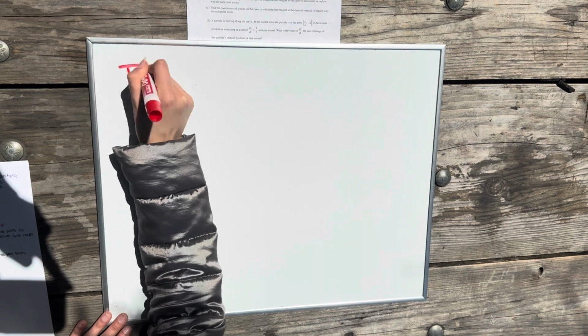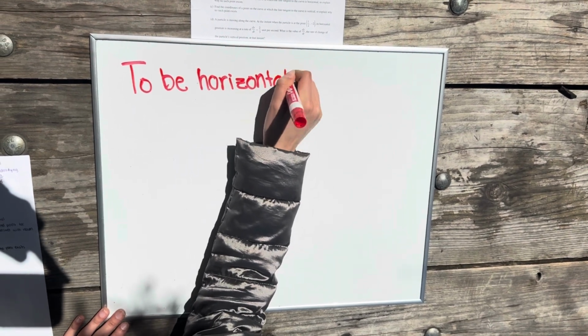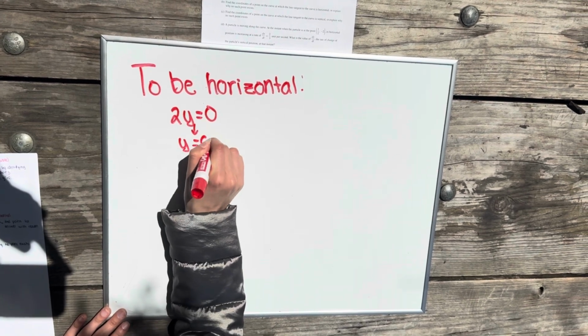To solve for part B, for the line tangent to the curve to be horizontal, 2y must equal 0, meaning that y is equal to 0, but y squared minus 2x cannot equal 0.